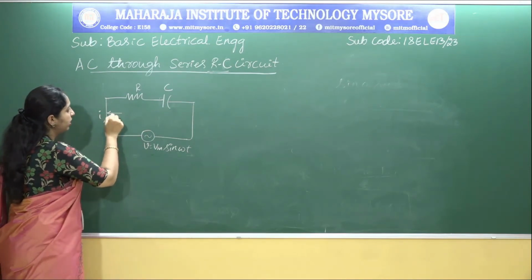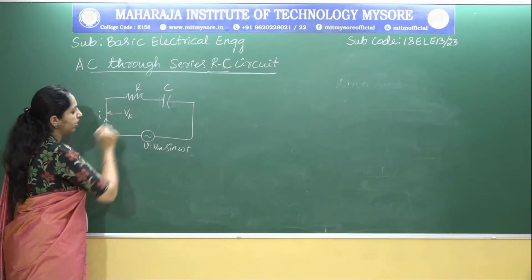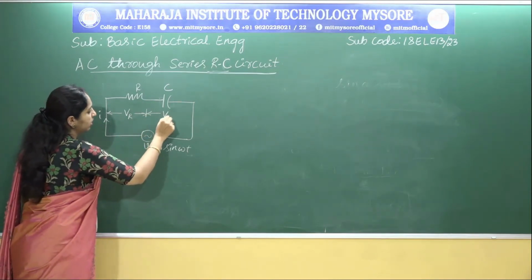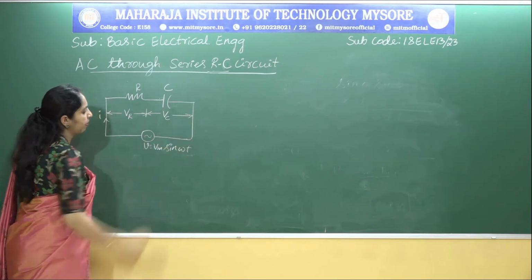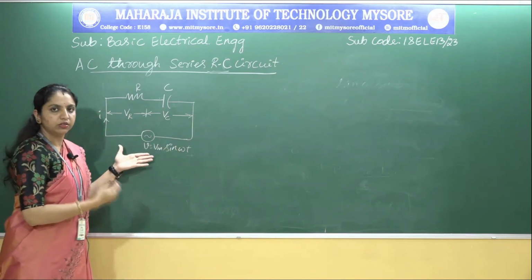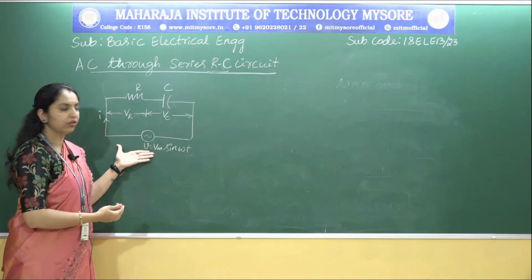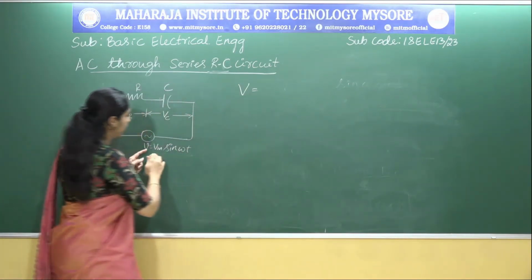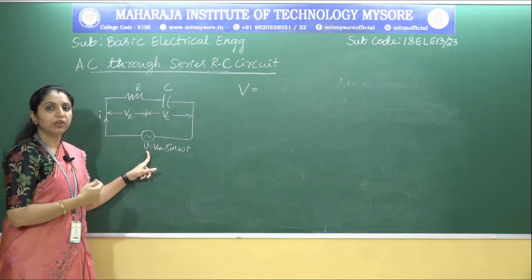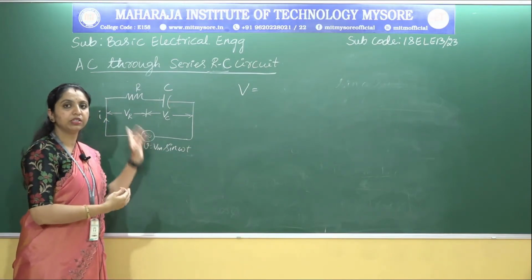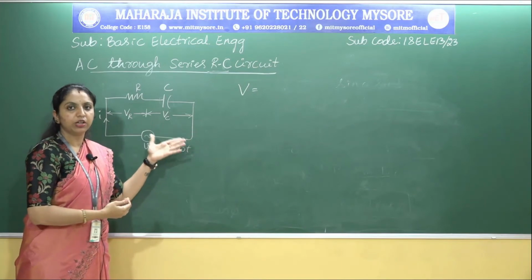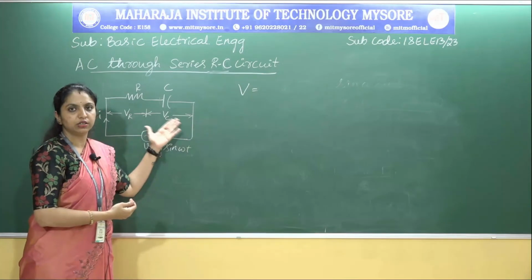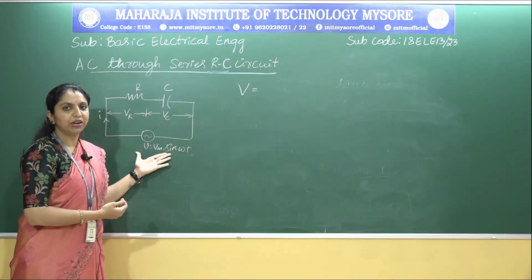The voltage across the resistance is VR, and the voltage across the capacitance is Vc. How are we going to analyze this circuit? Remember, whenever we consider elements in series, there is a voltage drop across each element, and the summation of all these voltages is equal to the applied voltage.